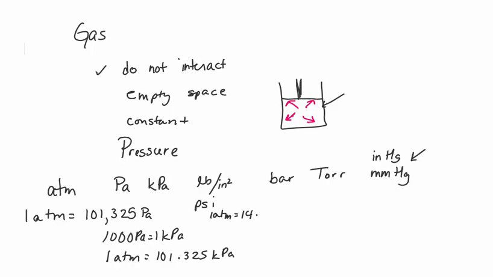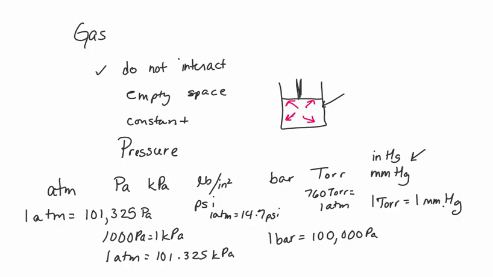It's close enough. 1 bar is 100,000 pascals. 760 torr is 1 atmosphere. And 1 torr is equivalent to 1 millimeter of mercury.